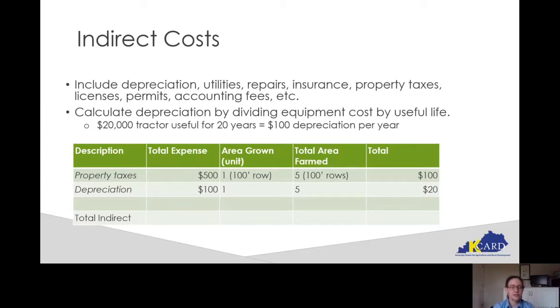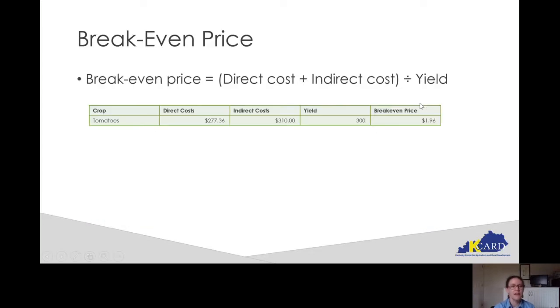And so you're going to go through this with your licensing, your permit, your accounting fees, all of those things, divide them by 5, because you have 5 100-foot rows, and only one of those is tomatoes. So if you know the cost per 100-foot row, you know the cost for each row of tomatoes, and you add all of those up.